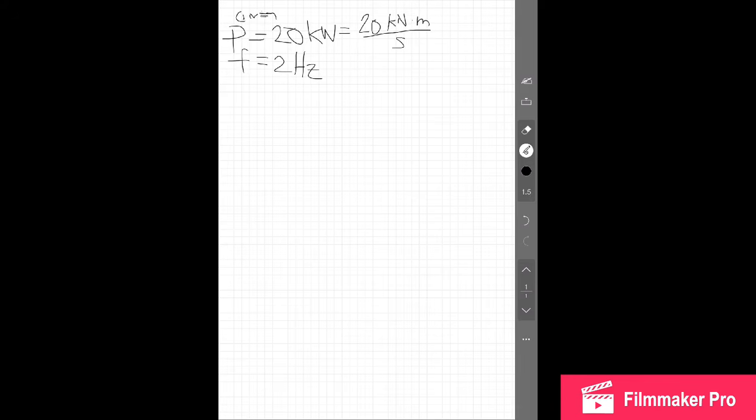So, alam naman natin na 1 hertz is equivalent lang sa 60 revolution per minute. And then yung revolution, para ma-convert natin siya sa rad, 1 revolution is just equals to 2 pi.